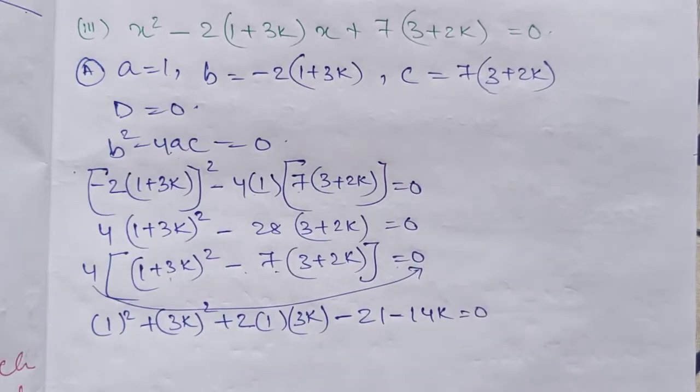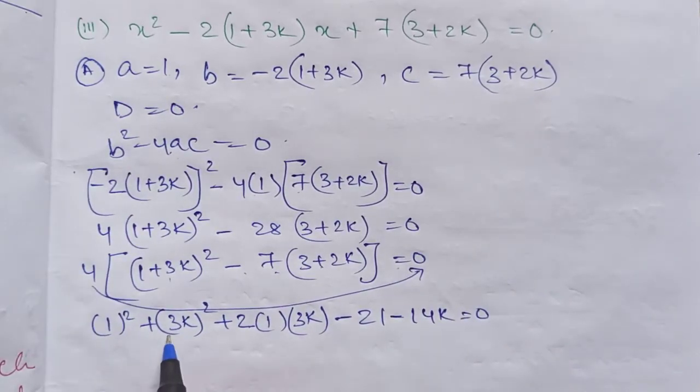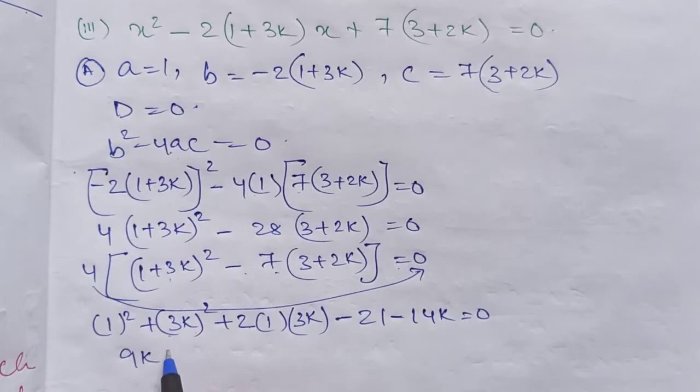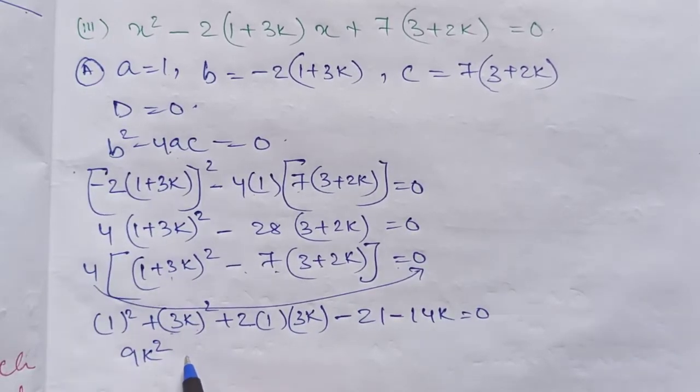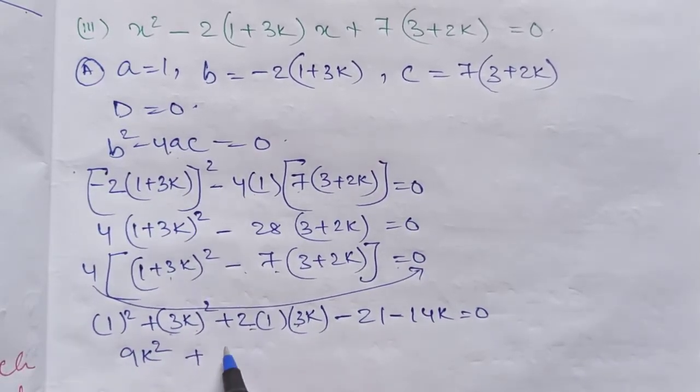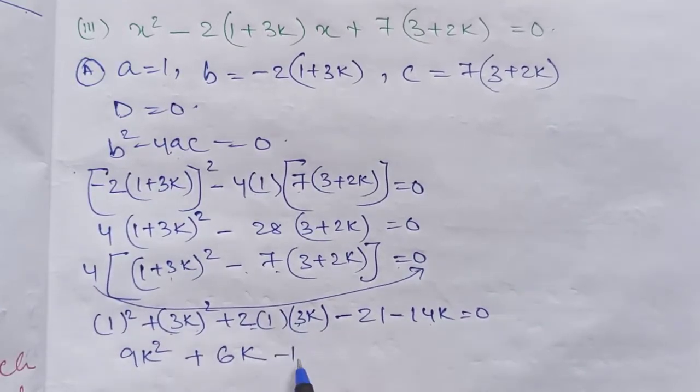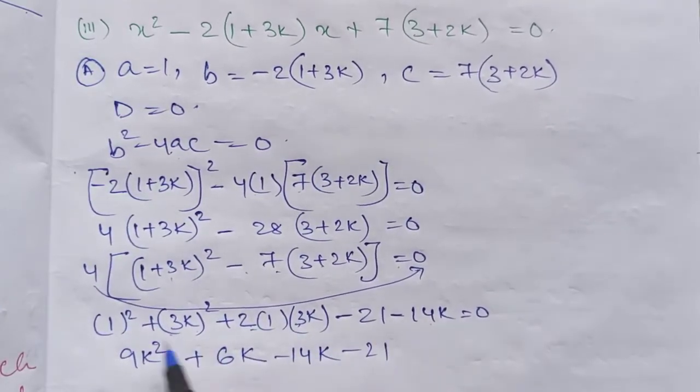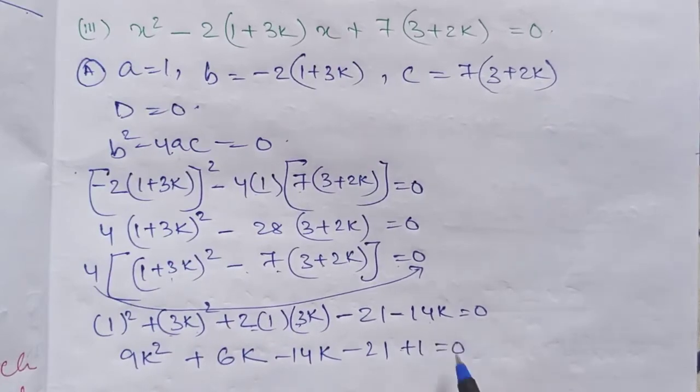Okay, so we will get 3k square is 9k square plus 2 3s are 6k minus 14k minus 21 plus 1 equals to 0.